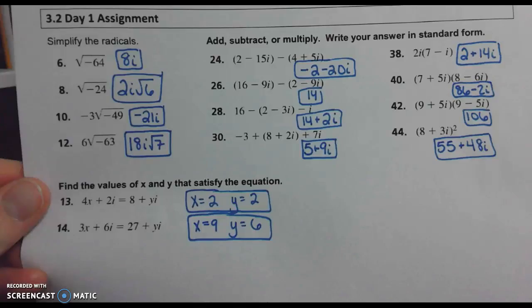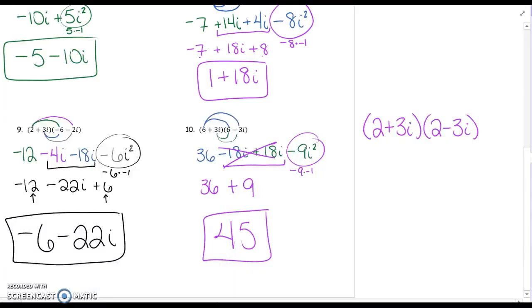So if I distribute, 2 times 2 is 4. 2 times negative 3i is negative 6i. Then I distribute 3i. 3i times 2 is positive 6i, and 3i times negative 3i is negative 9i squared.